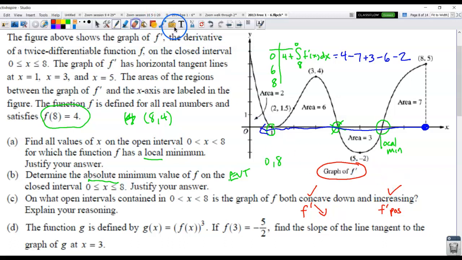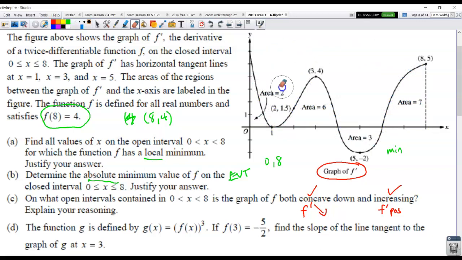Let me clean it up a little bit, make my eraser a bit bigger here. Okay, so we're looking at the graph of f prime, and we're looking for two things. The first thing that I'm going to highlight is everywhere that f prime is decreasing, because that'll give me my intervals of concavity. So we have a decrease, we have a decrease.